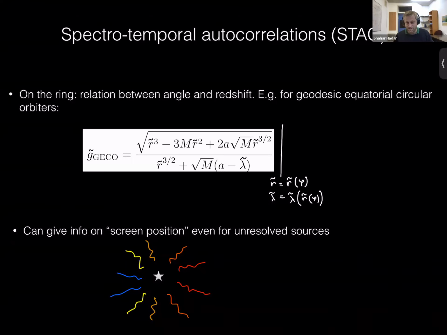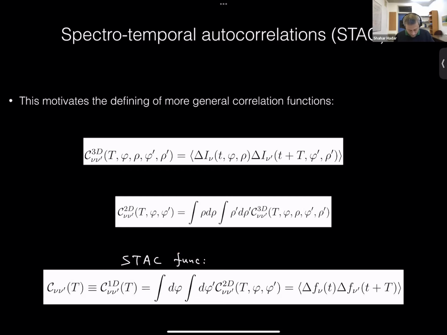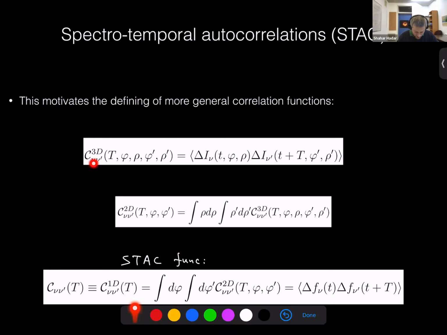So they still carry information about where they originated. And this motivates us to define these spectro-temporal autocorrelation functions, which are similar to the ones that I showed you before, but also have information about the frequencies, nu and nu prime, of the two different photons measured.